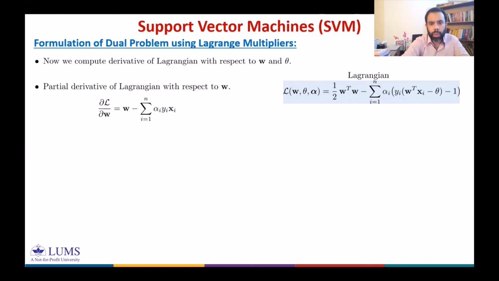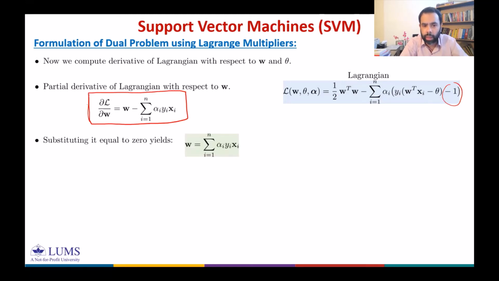The -1 and the theta are gone, because there's no dependence on W. Eventually, the partial derivative of the Lagrangian with respect to W is given by this, and when we set it equal to 0, we get W as the sum of alpha i, yi, xi.